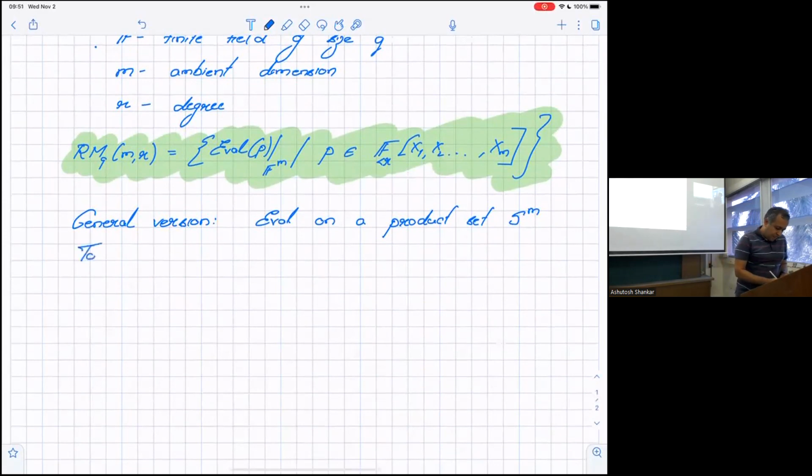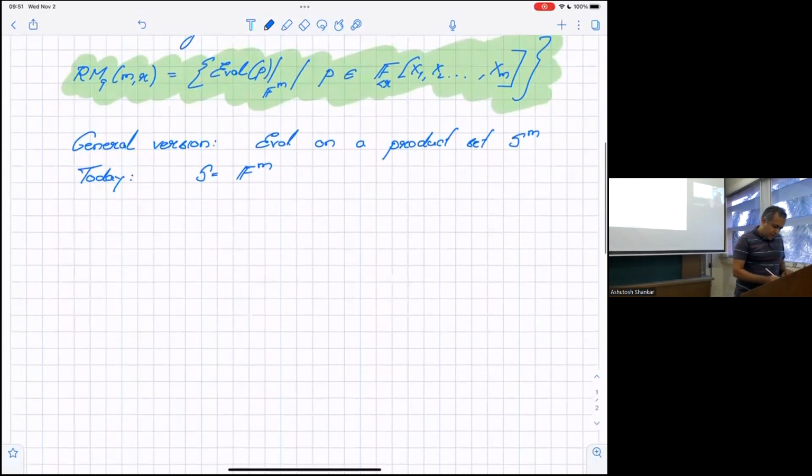Today, we'll only focus on the full field. So let's recall a couple of facts. The block length of this code is exactly the size of F to the m, therefore q to the m.